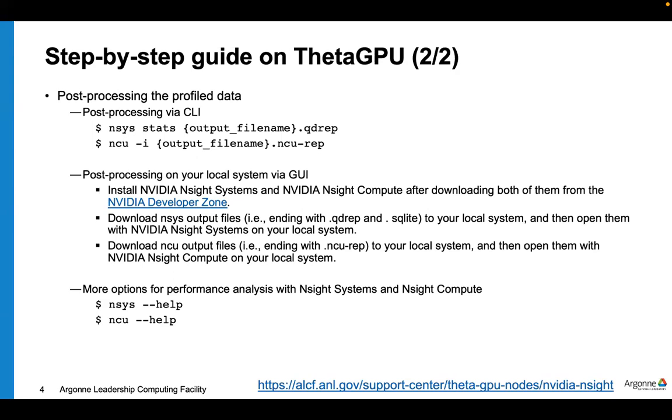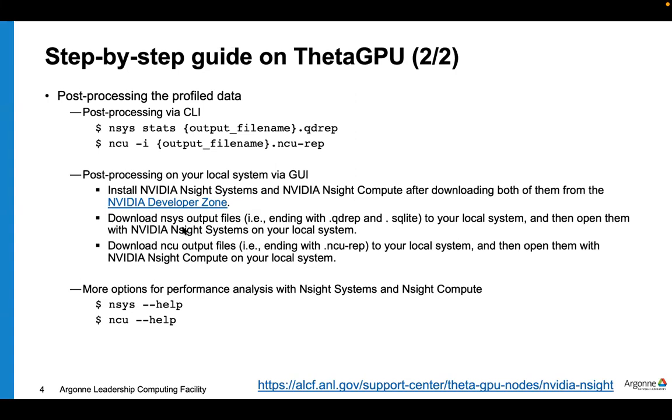Maybe the younger generation may prefer to use the GUI because the GUI is their standard, right? If so, you can install NVIDIA Nsight Systems and Nsight Compute after downloading both of them from the NVIDIA Developer Tools. You just need to create your account for free, and then you can download them.